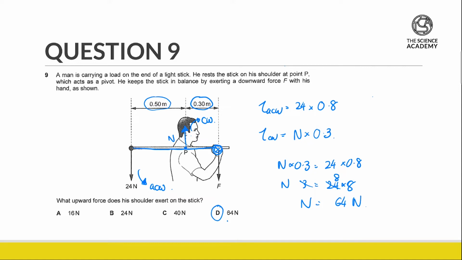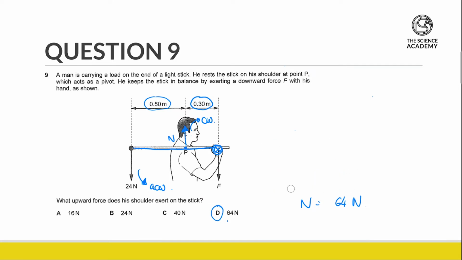There is actually an alternate way in which we can solve this particular question, and that is to make use of both moments and the equilibrium of forces. So let me just clear the working that we had previously. Now if instead we set P as our pivot and take moments about P, this must mean that F is causing a clockwise moment, whereas the 24 newtons is causing an anti-clockwise moment.